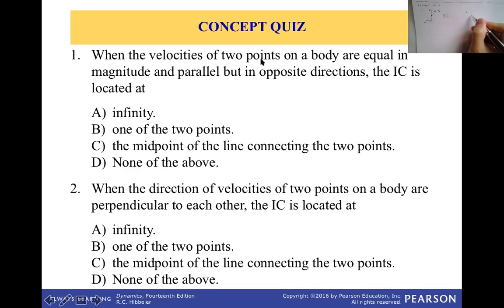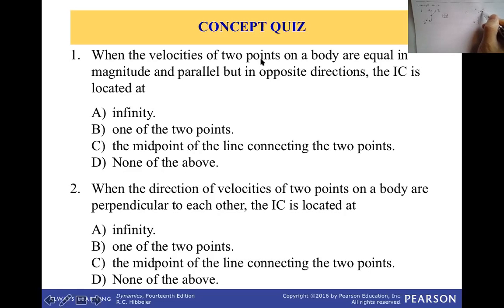On the second one, it says when the directions of velocity of the 2 points on the body are perpendicular to each other. So say this is A and B here. Let's say A is going in this direction, so VA, then VB will be either in that direction or the other way around.